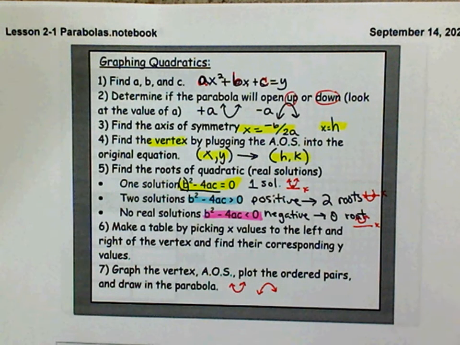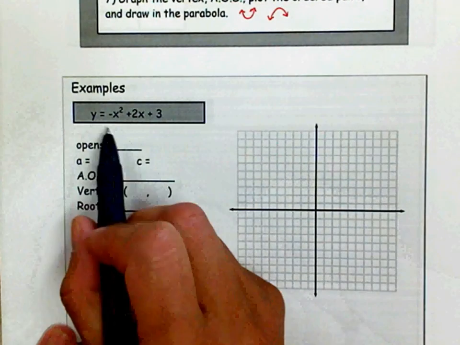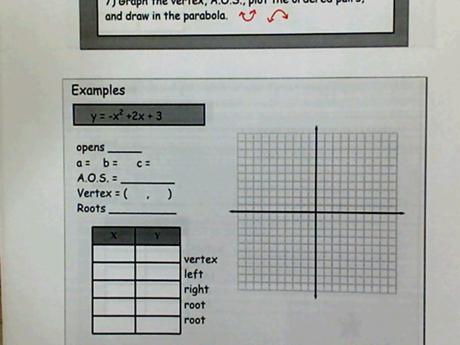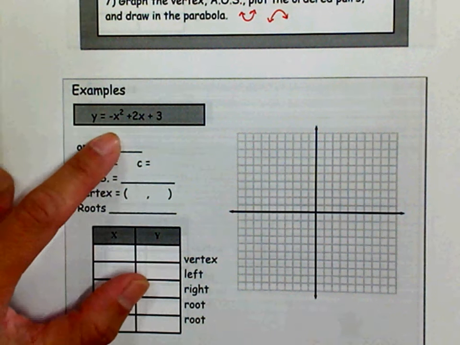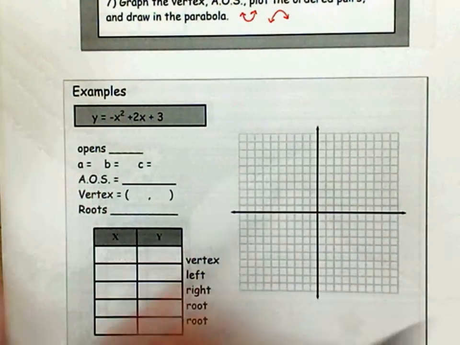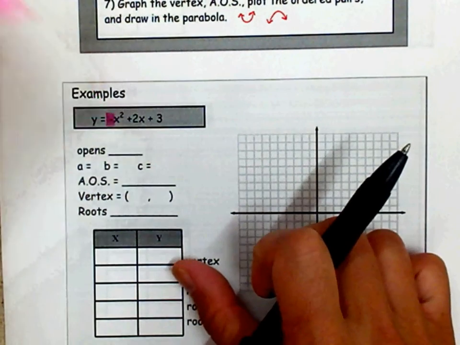All right, let's take a look at an example. Here's our first example: negative x squared plus 2x plus 3. First of all, this is not in vertex form, so you don't know what the vertex is. But you see how this is a negative right here? So your a is a negative.